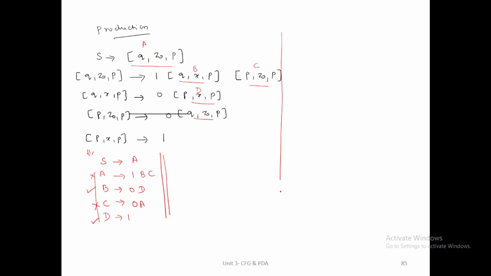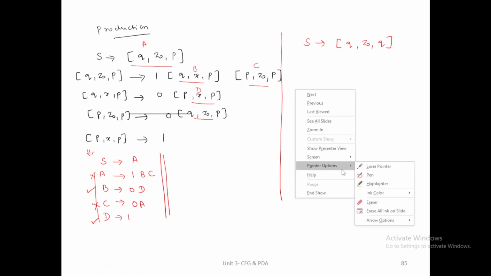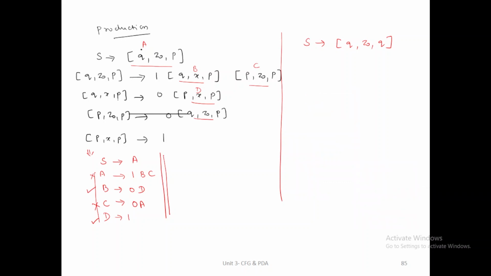So I go to the next format. The second format is [Q,0,Q]. I write its notation: [Q,0,Q].